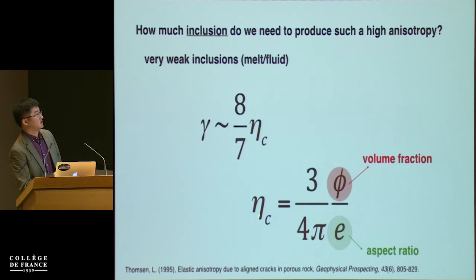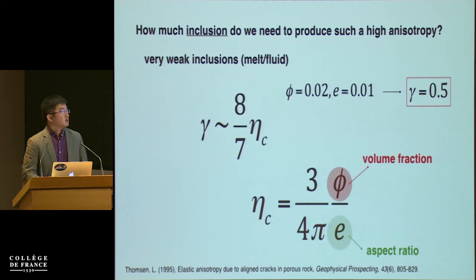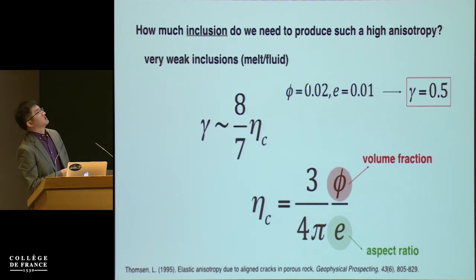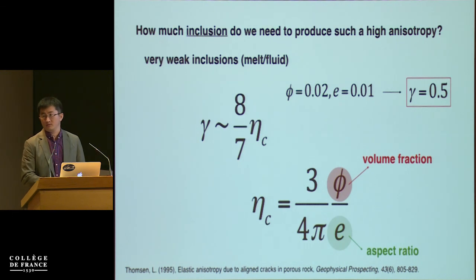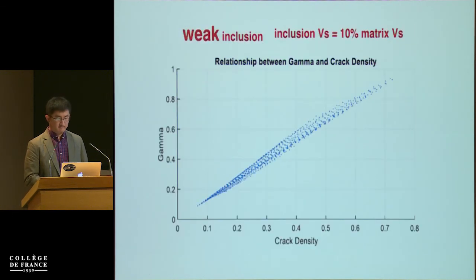So the higher the crack density, the higher the gamma is. If we have a 2% inclusion, if the aspect ratio is 0.01, we get a gamma 0.5. So maybe we only need 1% to get the anisotropy we need.